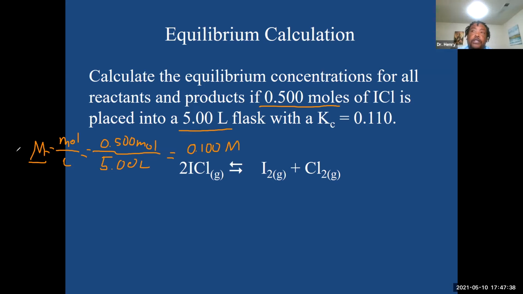Okay, so this would be the concentration of what? Would that be the concentration of the reactant? That's right. So this is our concentration of ICl. So this is going to be what it's starting out with. It's going to be our starting concentration.